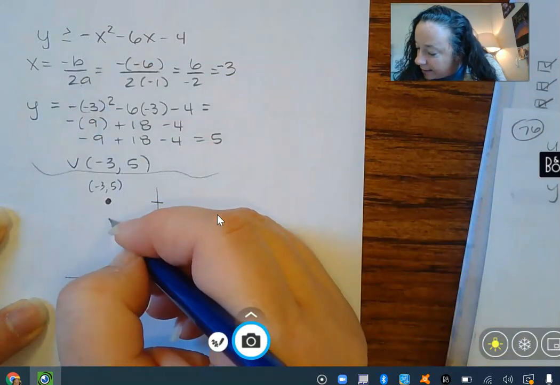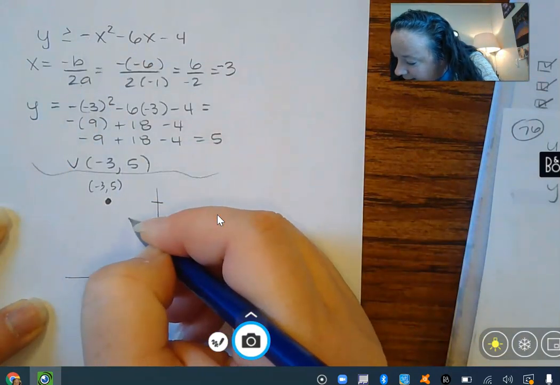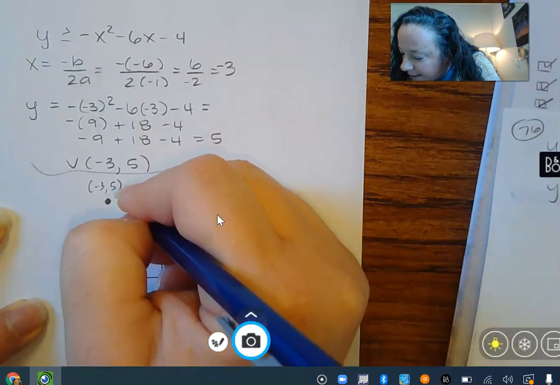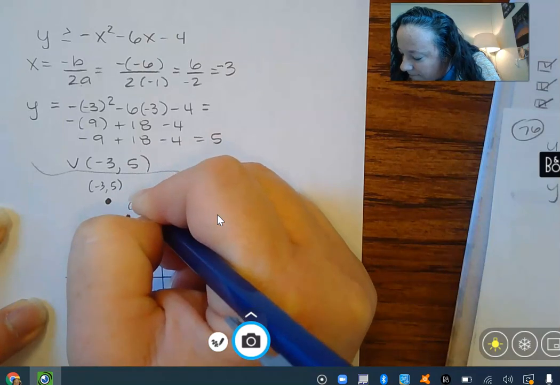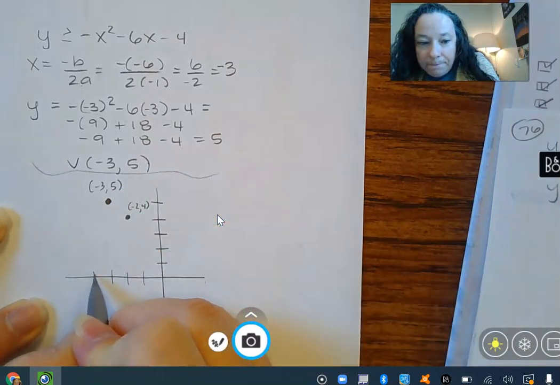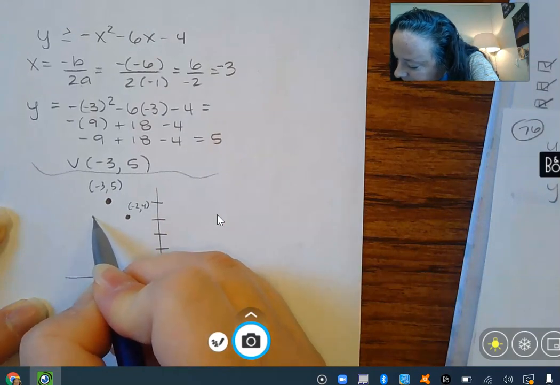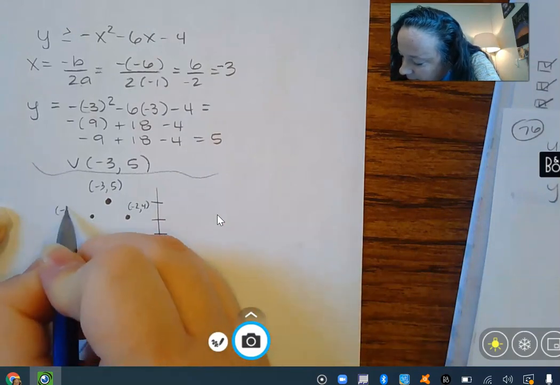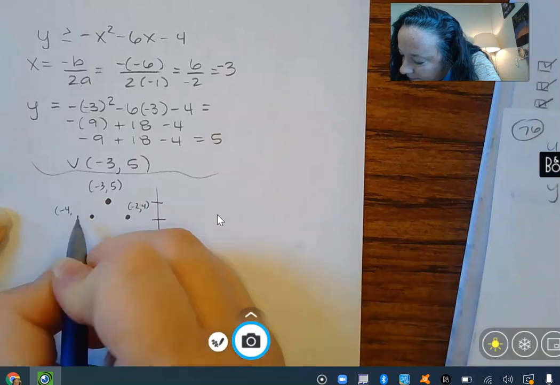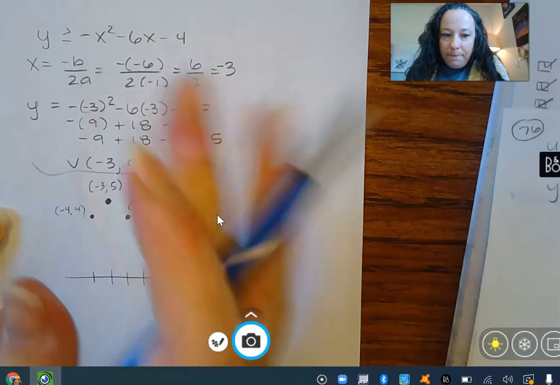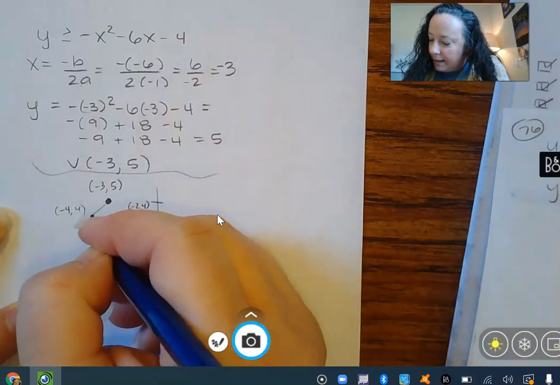So I go down 1, to the right 1. And if I'm not a neat drawer, I have a hard time with this. You're going to have a hard time with this. That's (-2, 4). And then I go this way, so down 1, left 1. That's (-4, 4). All right, it's a solid line.